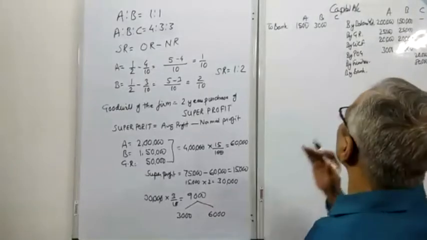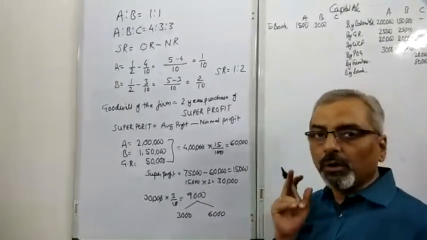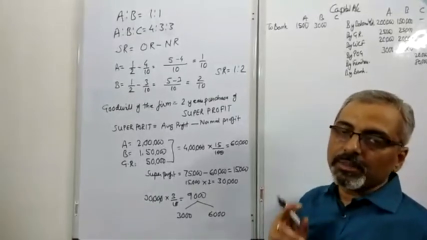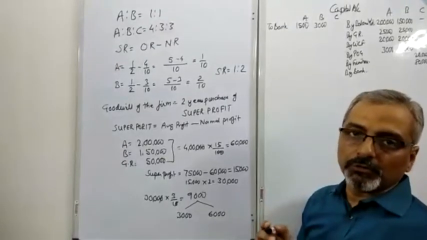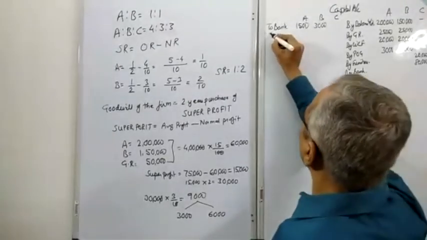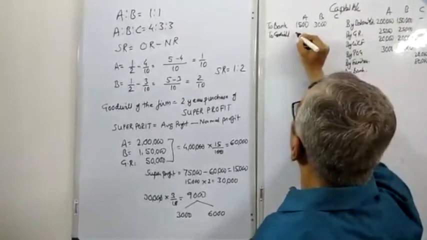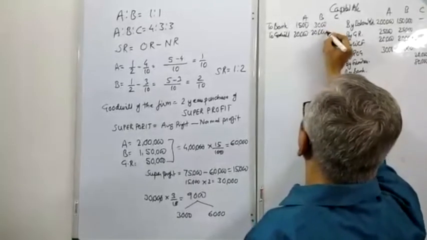After doing all these entries, we also see that there is a goodwill in the balance sheet on the asset side, and the value of the goodwill is 40,000, which will be written off among these partners. So to goodwill, 20,000 for the first partner and 20,000 for the next partner.